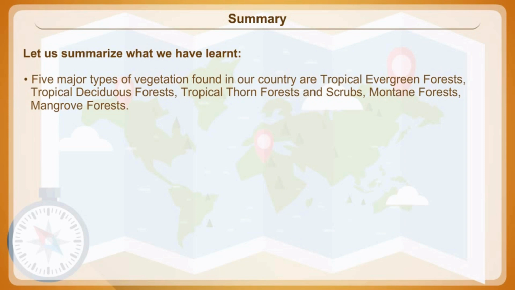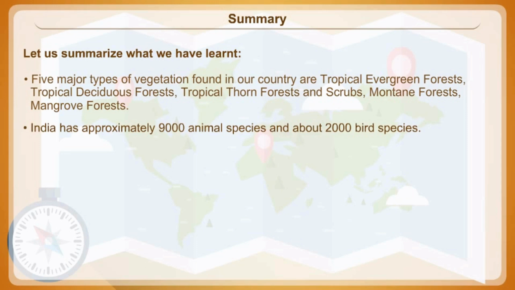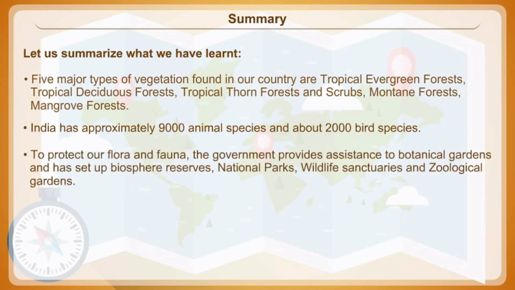India has approximately 9,000 animal species and about 2,000 bird species. To protect our flora and fauna, the government provides assistance to botanical gardens and has set up biosphere reserves, national parks, wildlife sanctuaries and zoological gardens.